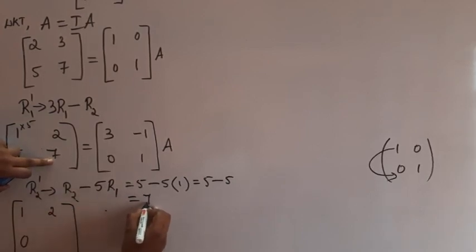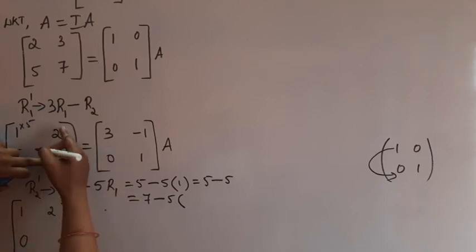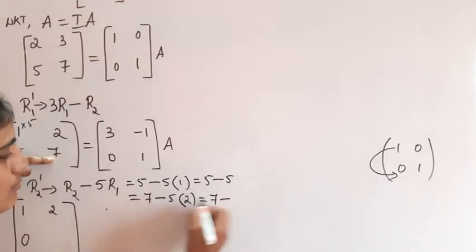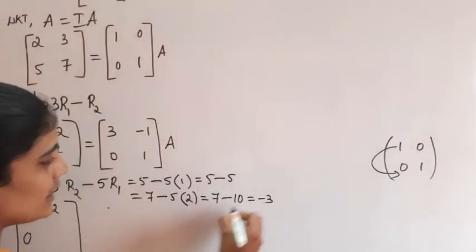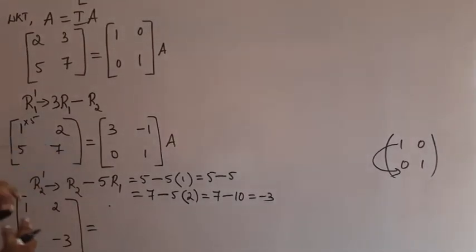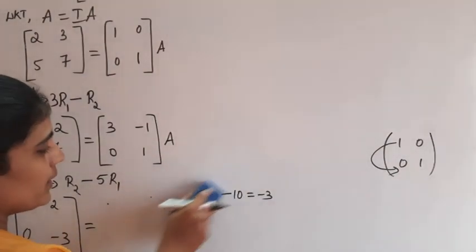R2 is 7 minus 5 into R1. The corresponding R1 is 2. That is 7 minus 5 2s are 10. What is 7 minus 10? It is minus 3.